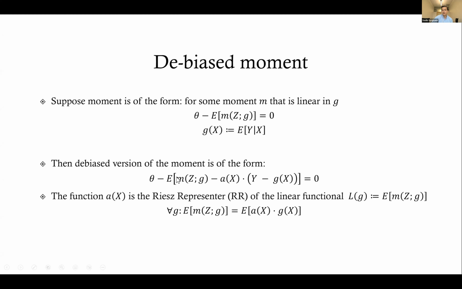So if we view this expected m as a linear functional of g, then by the Riesz representer theorem, and assuming some continuity regularity assumptions, any such linear functional will have an inner product representation in the L2 space, which means that we can write this linear functional as an inner product of the form expected value of A times G. And that A is the Riesz representer.